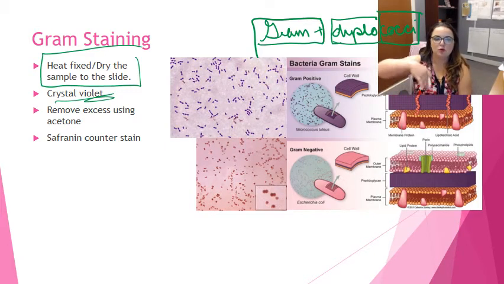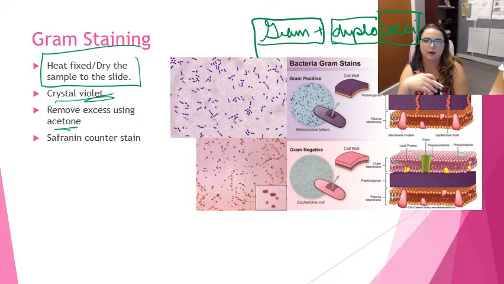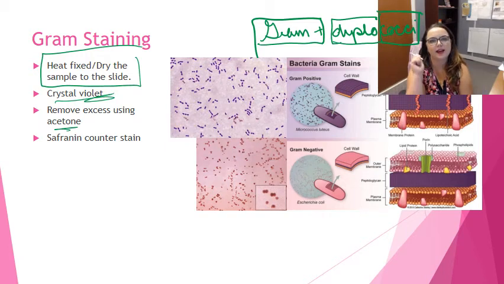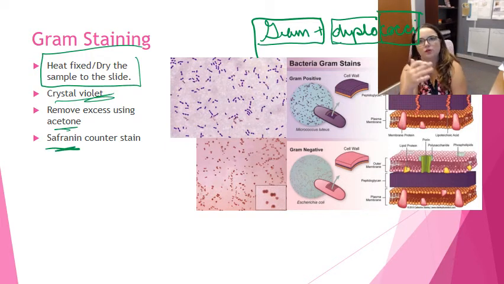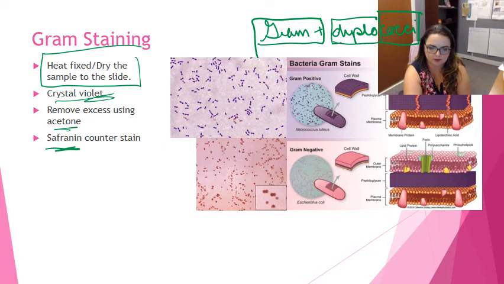Then you're going to remove the excess stain using acetone or an acetone-based decolorizer and water. So that's going to remove anything that isn't already fixed into the cell. You're then going to add a counter stain, safranin, and that's going to be used to stain any decolorized cells.